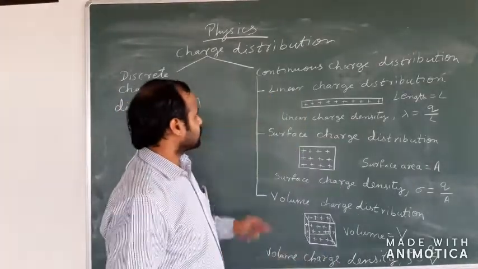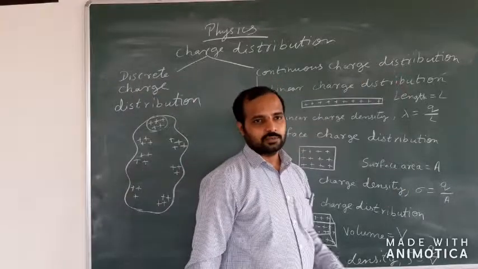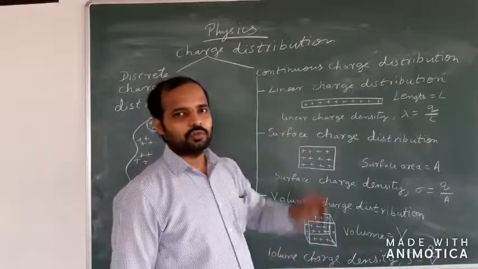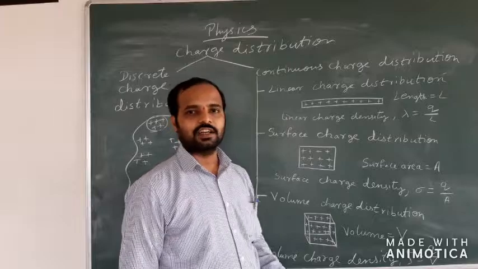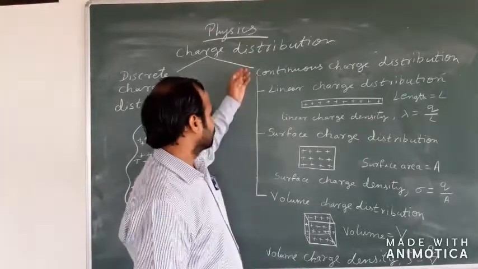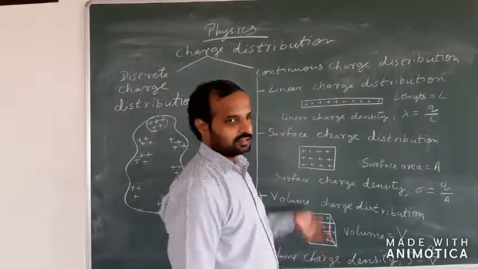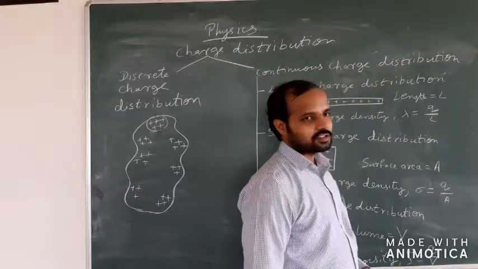Now coming to the next one, that is the continuous charge distribution. It happens most of the time in the case of conducting materials. The first type is the linear charge distribution.